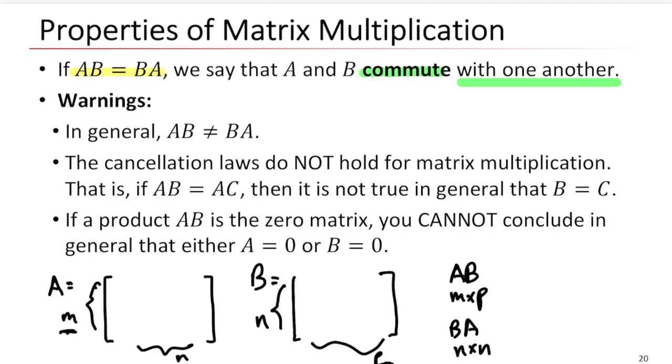But generally, if m is not equal to p, we can't compute B times A. So generally, we can say that AB is not equal to BA. But fortunately, in the special case where AB is equal to BA, we say A and B commute with each other. In general, AB is not equal to BA.